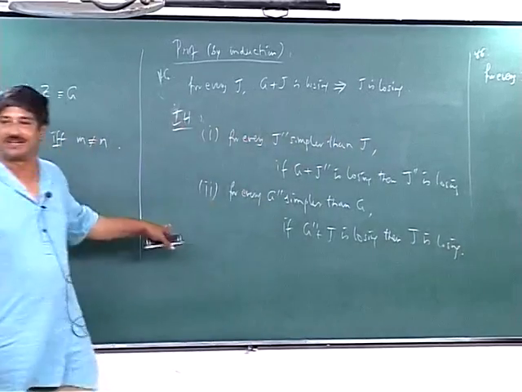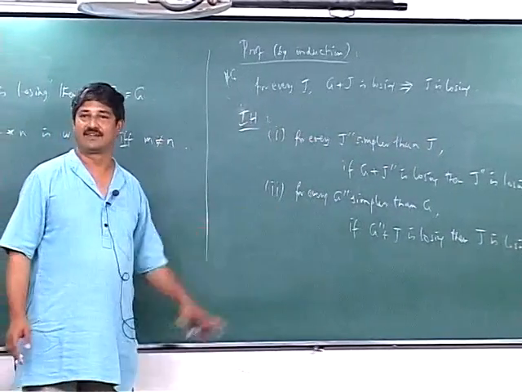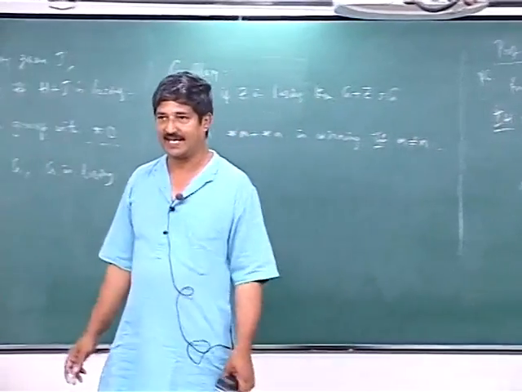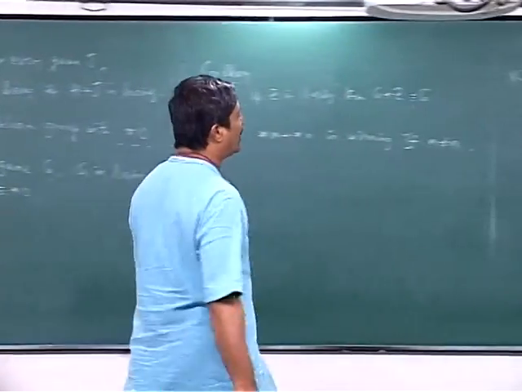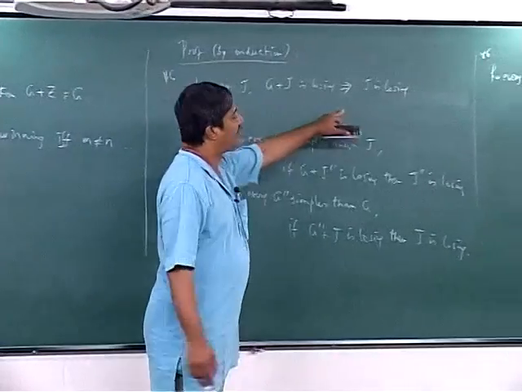Note that these two are different statements, and therefore we should be careful about using these, right? Now I want to show that G plus J is losing implies J is losing.